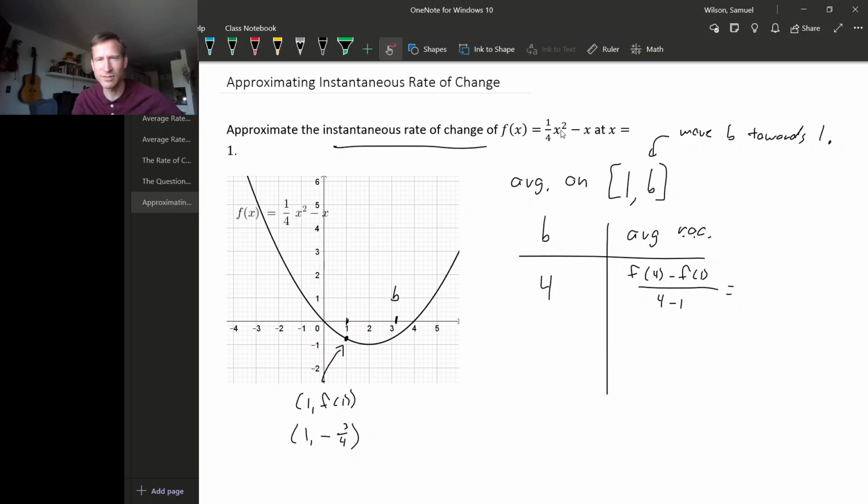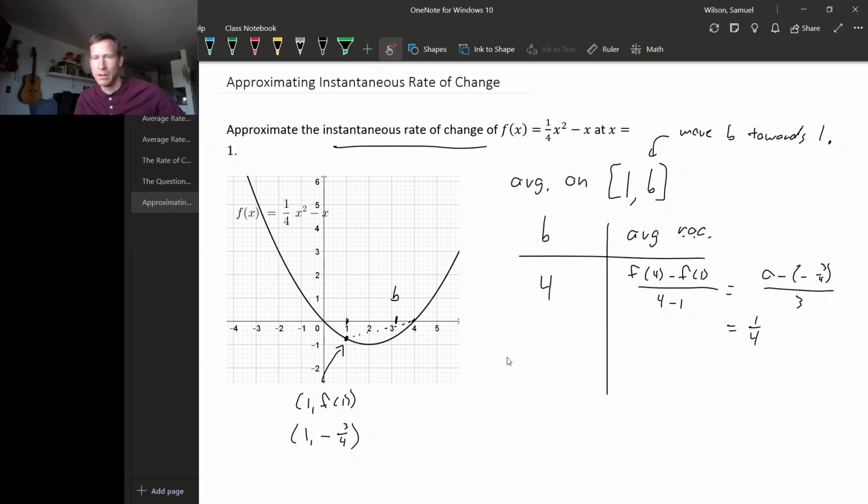F of 4: 16 over 4 is 4, minus 4 is 0, so 0 minus negative 3/4, over 4 minus 1 which is 3, so this is going to be positive 1/4. That means the secant slope from x equals 1 to x equals 4 is positive 1/4, which looks about right, at least on the graph.